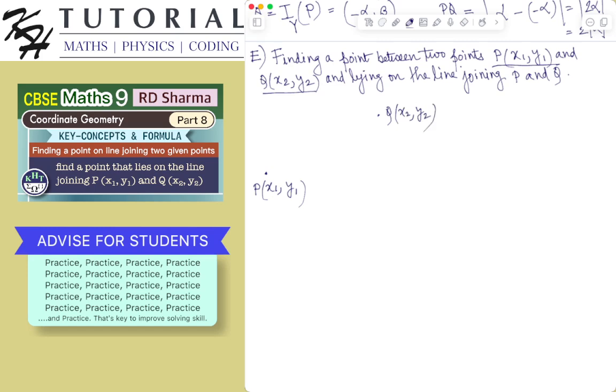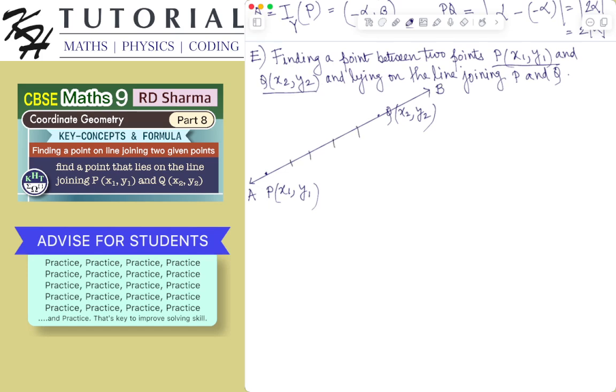So the line joining the points P and Q, let's say the line AB, which is the line joining the two given points. Now, if you are asked to find a point that will lie on the line AB and will be in between the points P and Q, it could be here, here, here, or here.